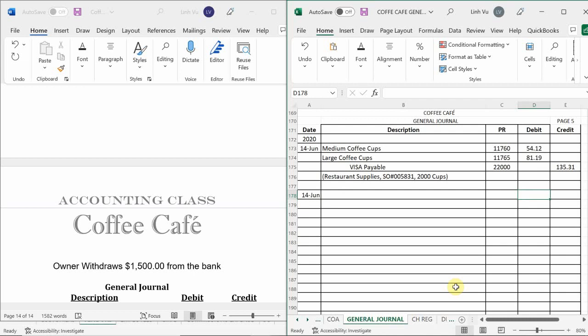So you're going to take money out directly from the owner's equity? No, from the checking account. Okay, from the checking account, okay. Under the owner's equity, because that's what we have on the chart of accounts. You're going to take it out of owner's equity.